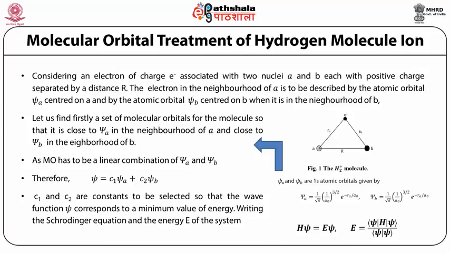Writing the Schrodinger equation H psi is equal to E psi, where E in matrix terms is psi H psi upon psi psi.